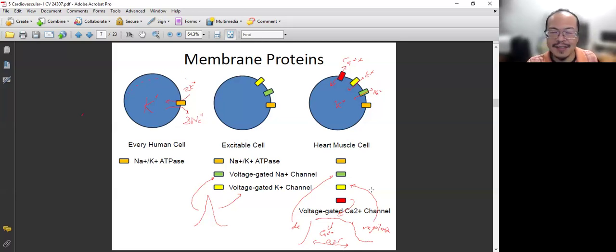Why do you need to have that to have a healthy heart? Because you have it, you have a prolonged action potential. You also have calcium coming in to cause muscle contraction. And with this one, you have control over the duration of the contraction.